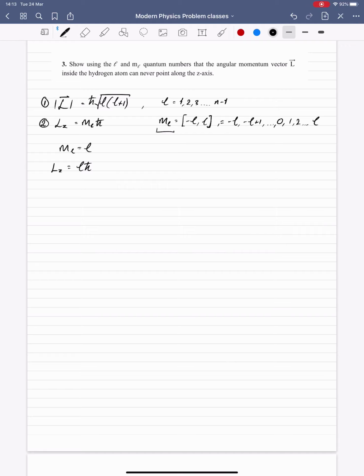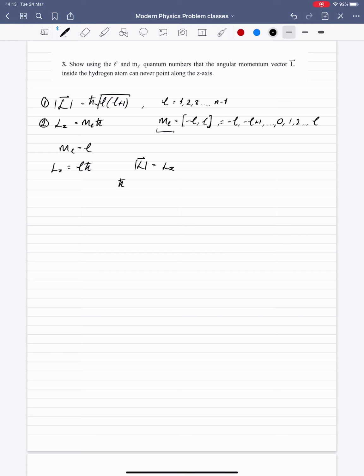Now, let's just say that L can actually equal Lz. Let's just say the angular momentum magnitude can be equal to the Lz component. If that's the case, what does that mean?